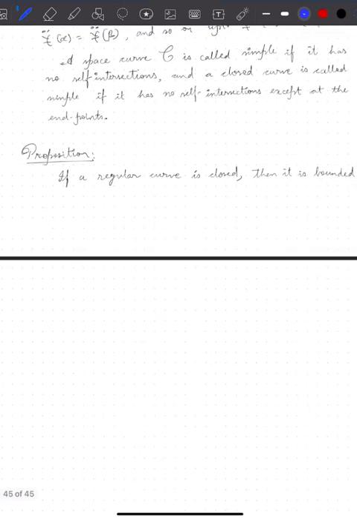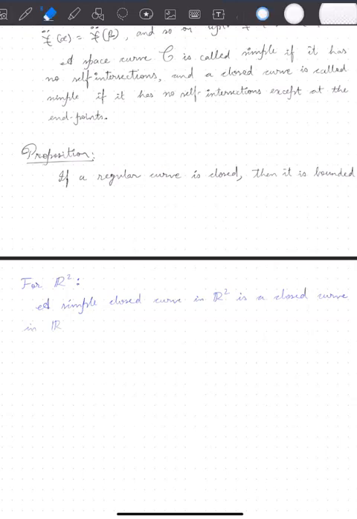So for R2, a simple closed curve in R2 is a closed curve in R2 that has no self-intersections.